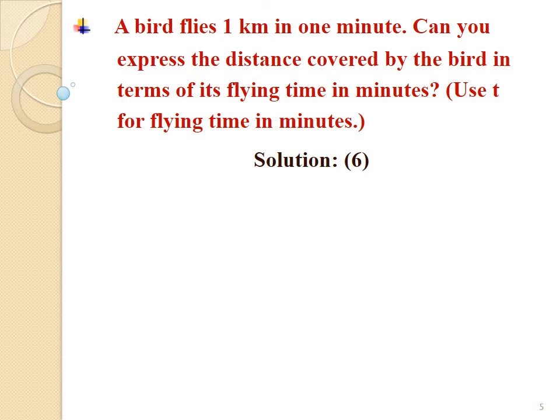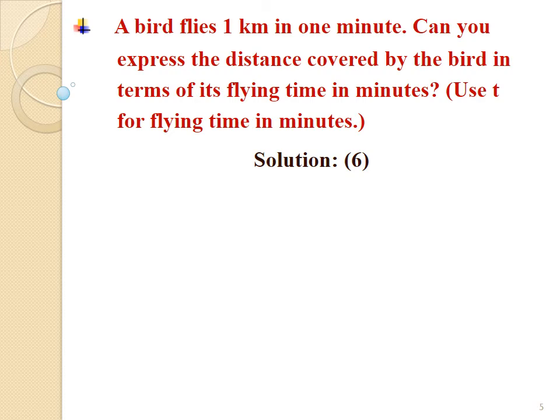So we can say that minute is variable because distance covered by a bird totally depends on its flying time. Also, we have been given that use T for flying time.